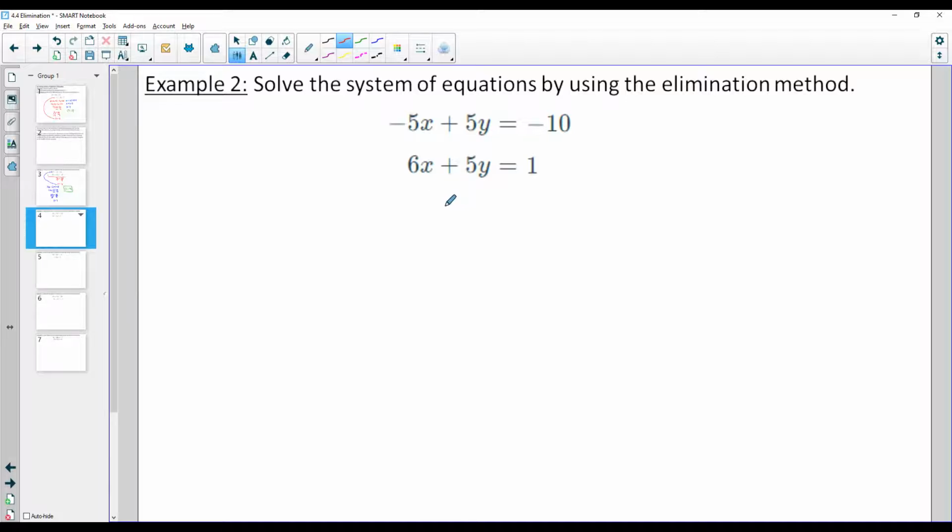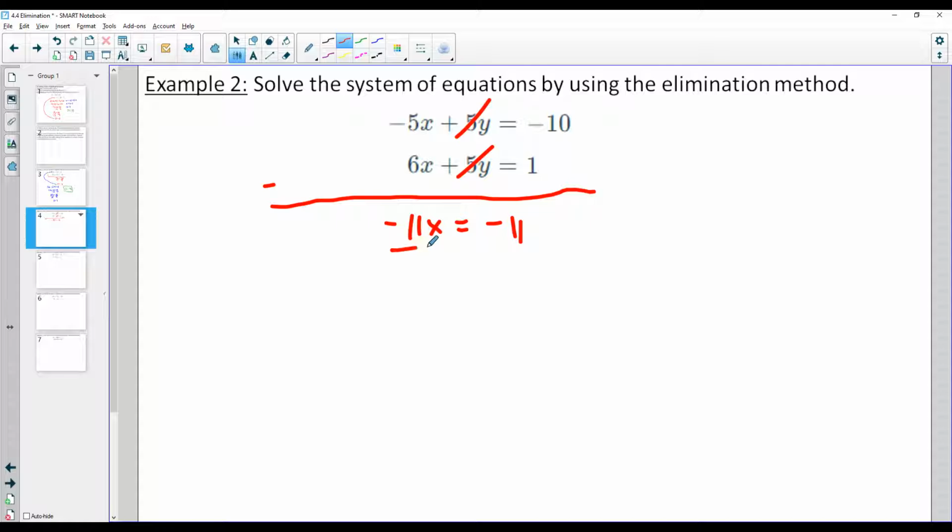Okay, same thing with this one. I'm looking for variables that are either the same or opposite. And here we have variables that are the same. So instead of adding, because I'm going to want these y's to disappear, I'm going to subtract this bottom equation, right? -5x minus 6x is going to be -11x. 5y minus +5y is going to cancel out, equals -10 minus 1 is going to be -11.